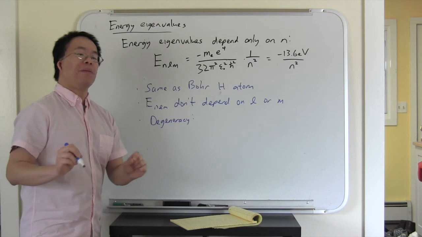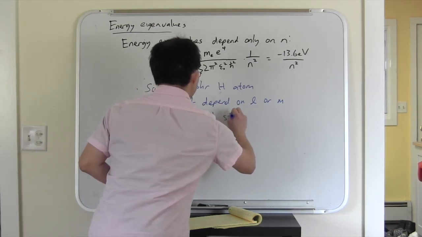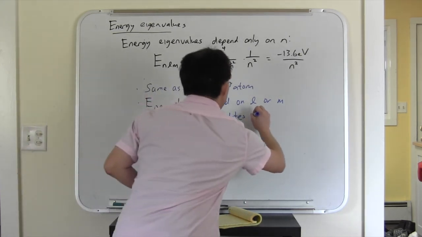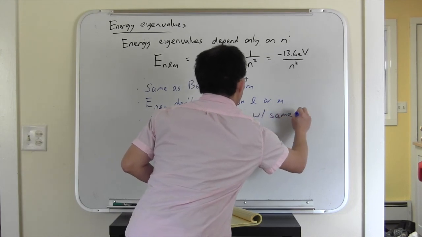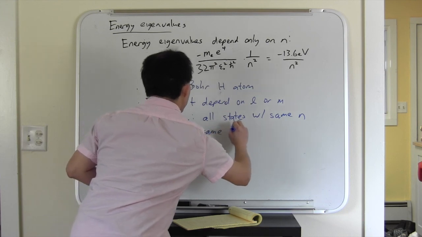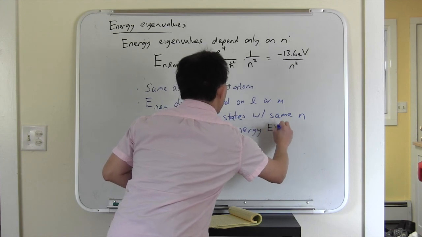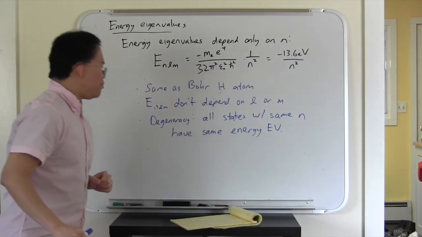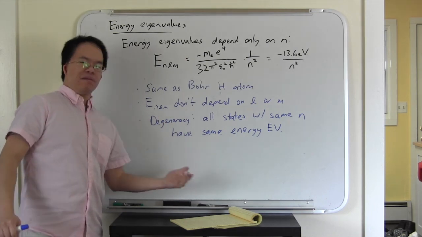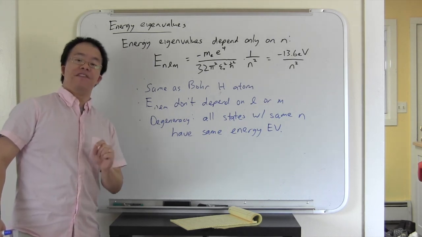All of the possible energy eigenfunctions, in other words, with the same n have the same energy eigenvalue. Again, this having different states with the same energy is something we also saw in the 3D infinite square well.